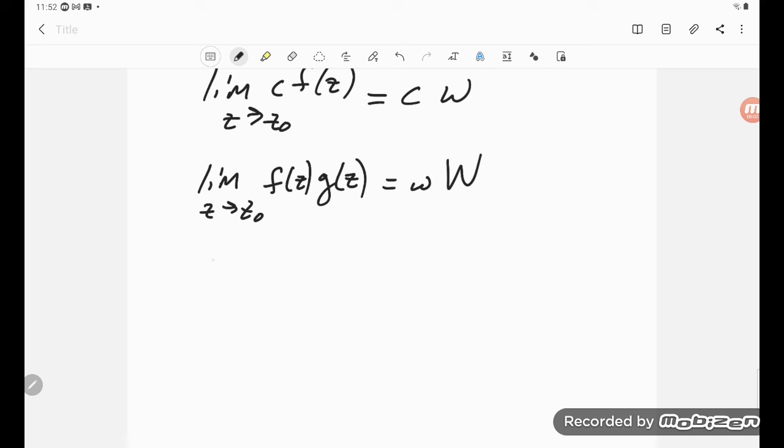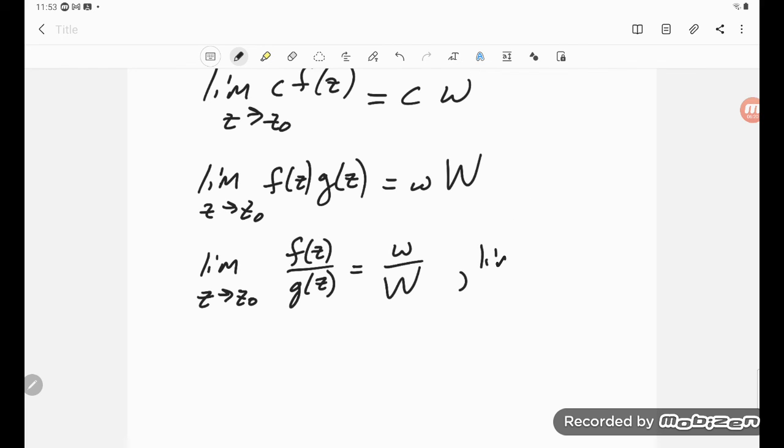And the limit as z goes to z naught of f of z over g of z is equal to our little w over big W, provided the limit as z goes to z naught of g of z is not equal to 0, or in other words, that big W is not equal to 0.